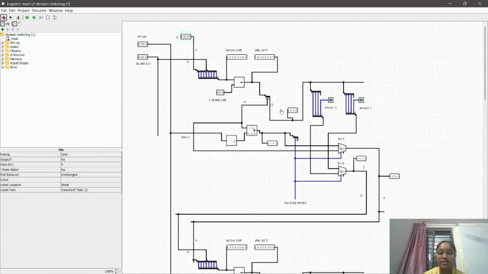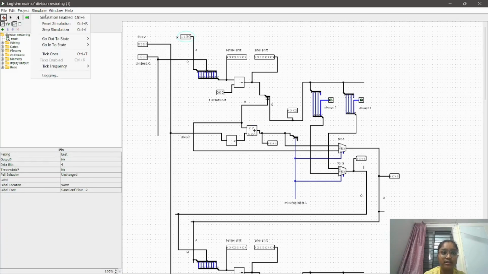This is a restoring circuit. Here we gave inputs: divisor 0, 1, 0, 0, dividend 1, 0, 1, 1, and accumulator inputs 1, 1, 0, 0.